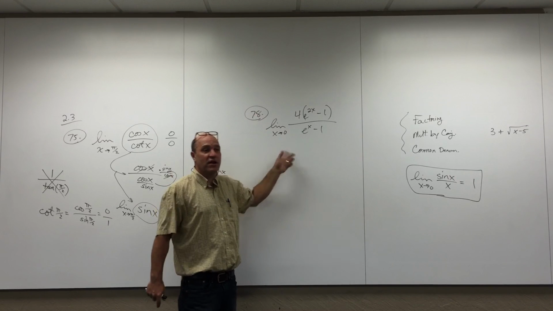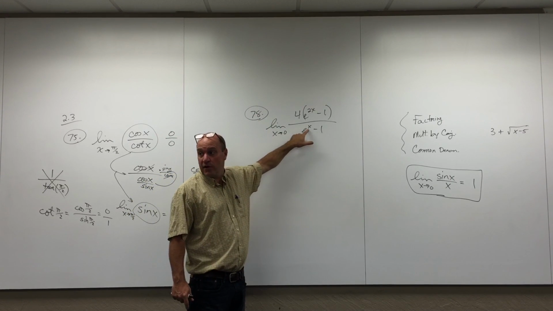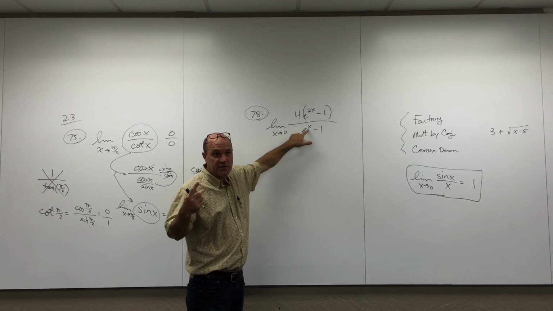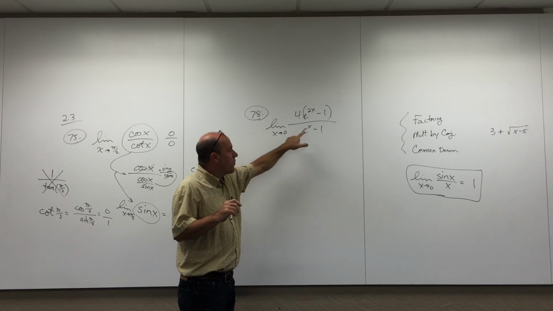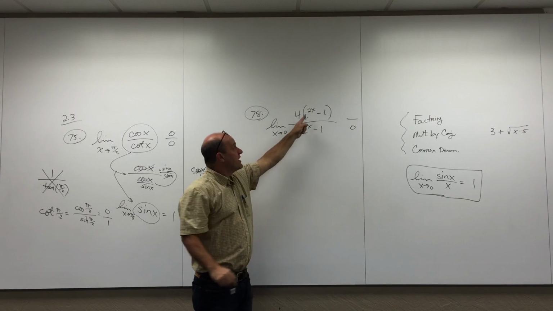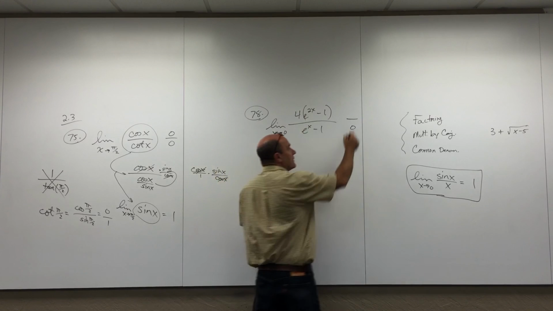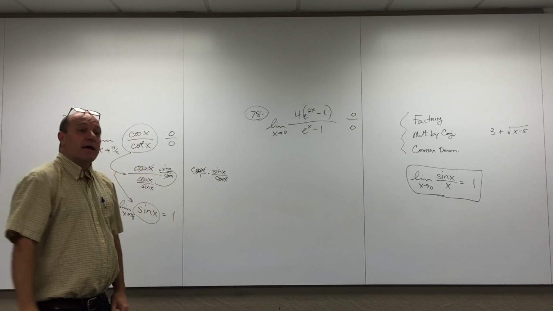Anyway, step 1, plug in a 0, see what happens. e to the 0 is a 1. Anything to the 0 power is 1. That's a true old exponent rule. So that's 1 minus 1, which is a 0. Up there you get e to the 0, which is a 1, minus 1. That's a 0. So it's 0 over 0 again. It needs fixing.